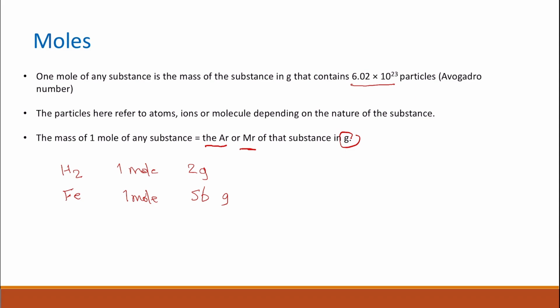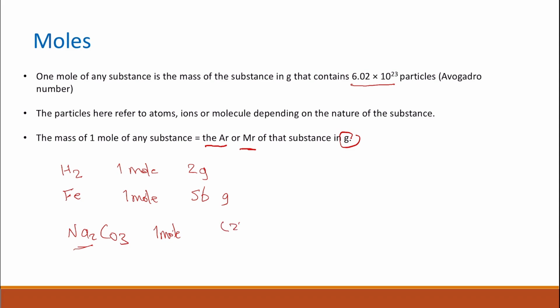We can apply the same principle for compounds. Something like sodium carbonate: we want to know how much 1 mole of sodium carbonate will contain. So we need first to calculate the relative formula mass for sodium carbonate. When you do your calculation, you're going to find there are 2 sodiums. The relative atomic mass of sodium is 23.